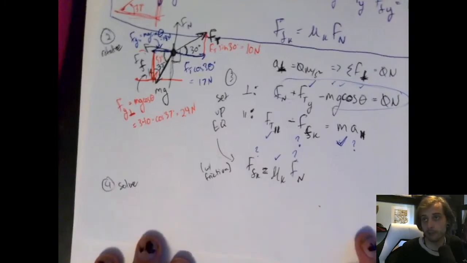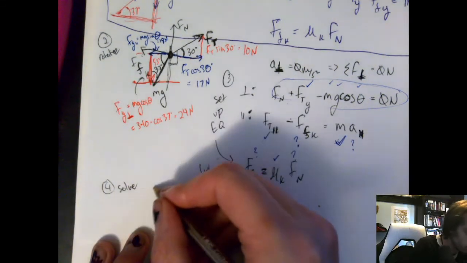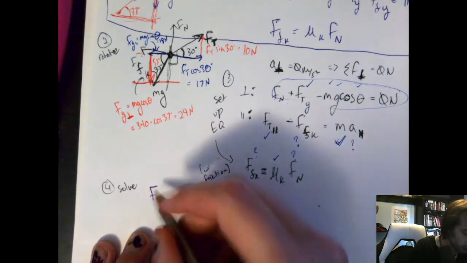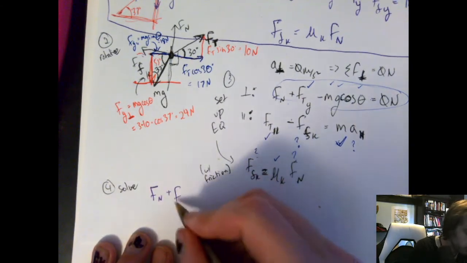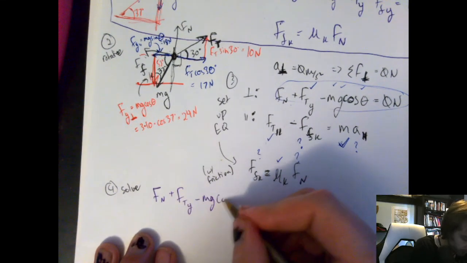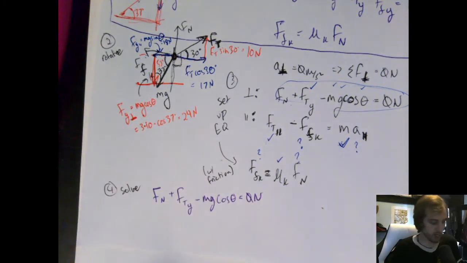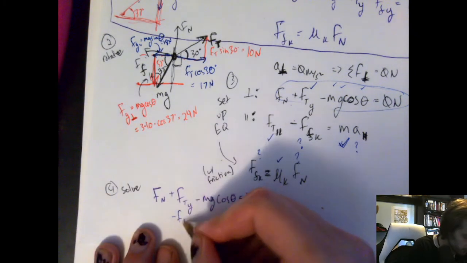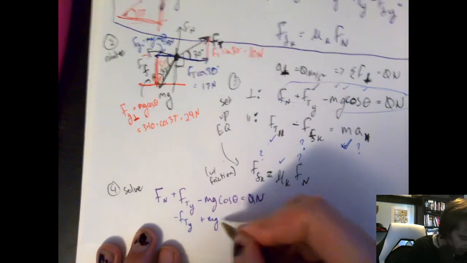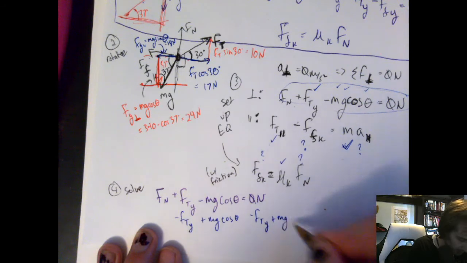So to solve it all out, we're first going to start with the normal force because we figured out that we need that in order to get the friction. Well, again, our only variable here is normal force. So it's just some hopefully straightforward algebra where we want to get rid of Fty and mg cosine theta. So minus Fty plus mg cosine theta on both sides.